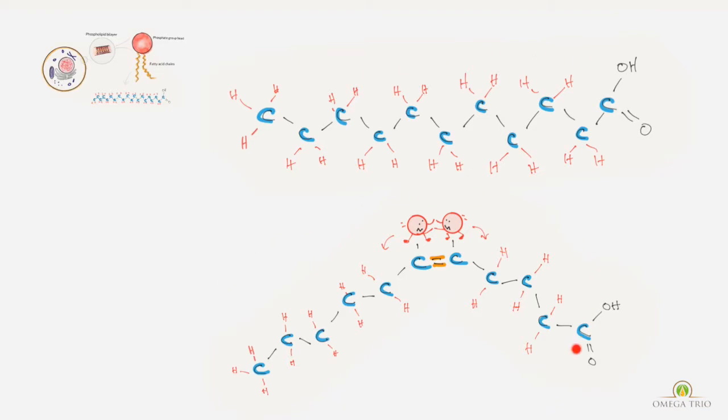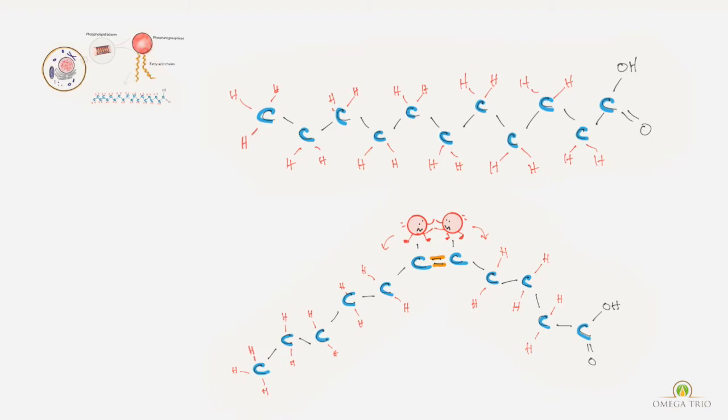If you put these unsaturated fatty acids into a jar, they wouldn't pack together so neatly because of these bends, and that leads them to being liquid at room temperature. Now this liquid nature is really important in our cell membranes to allow things in and out of the cell. If it was packed too closely together and too tight, then it wouldn't allow anything in or out of the cell, and it wouldn't be able to function.